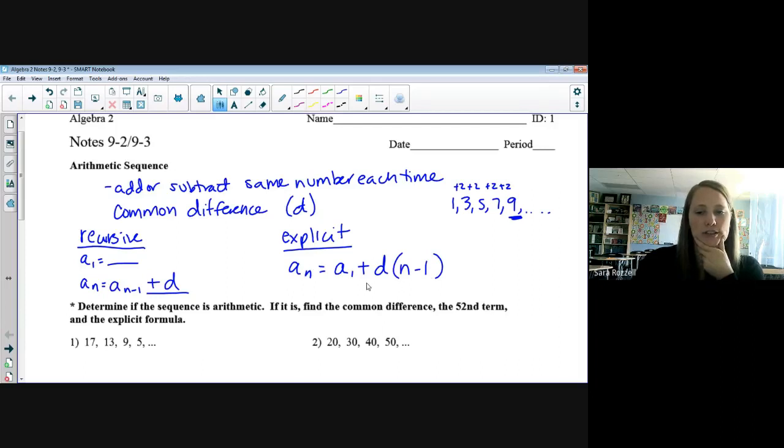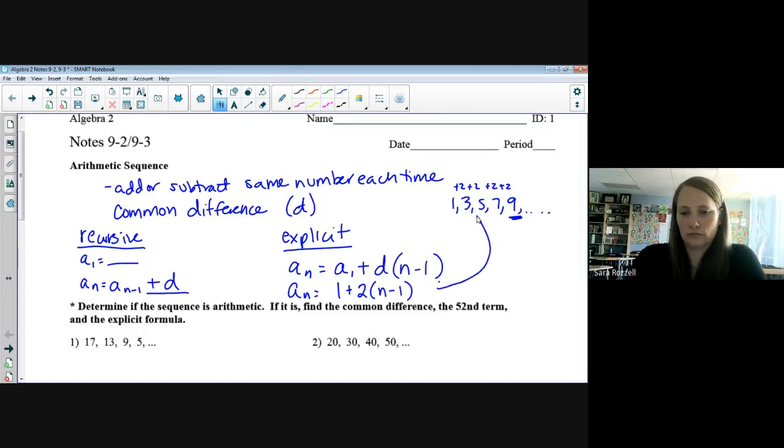So that's our explicit formula. If I wanted to plug it in from here, this would be a sub n. The first term was 1. Our common difference was 2. And that's my formula. So this is first term and your common difference.